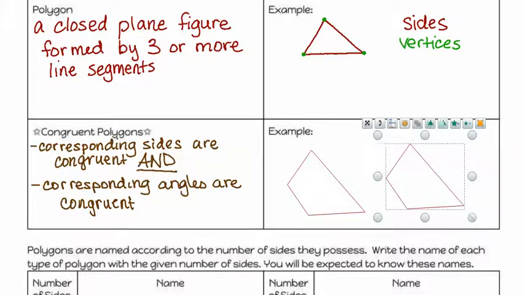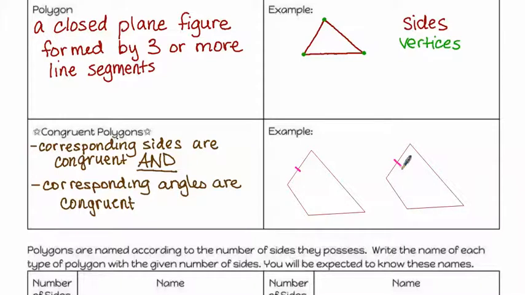Now, in terms of what we mean by corresponding sides, each side in this first shape corresponds to a side in the second shape that is the same length. Likewise here, these two would be congruent. And notice that each pair gets a different number of tick marks. And then the last side, 4 of them.